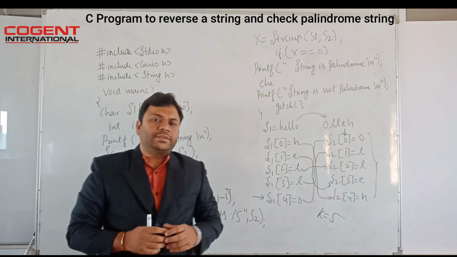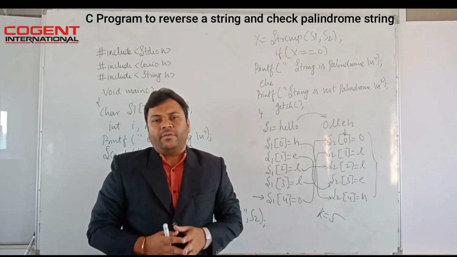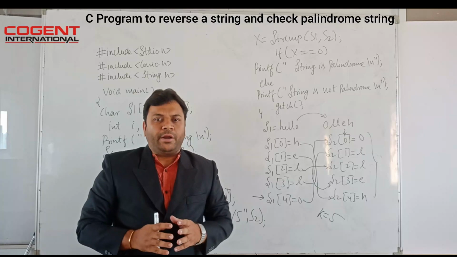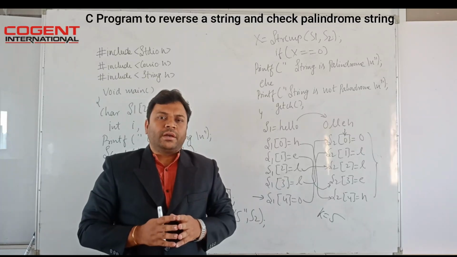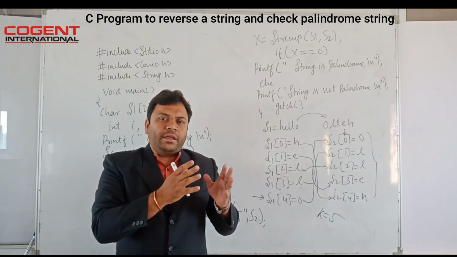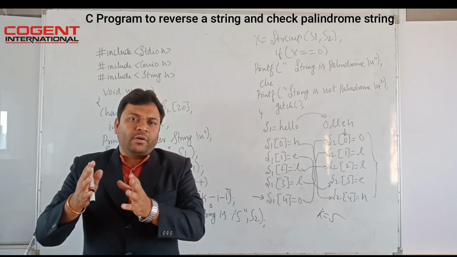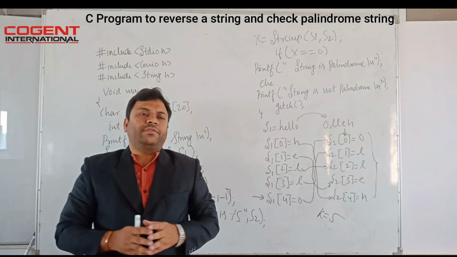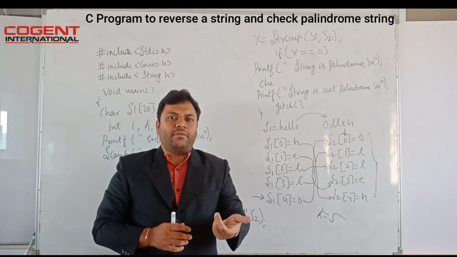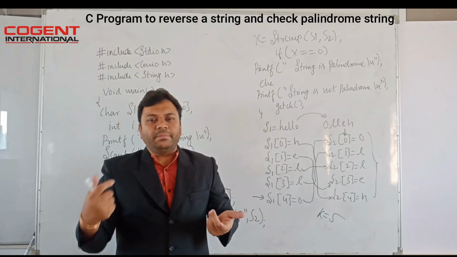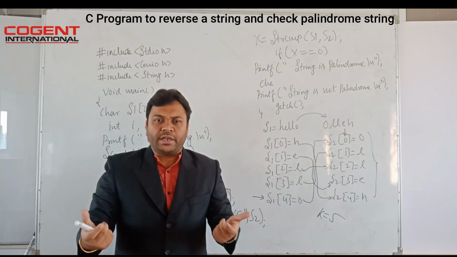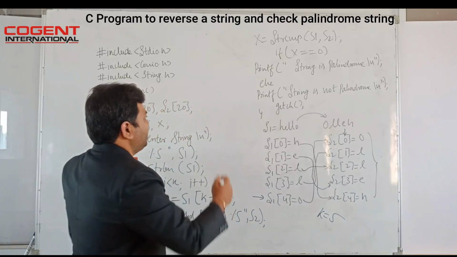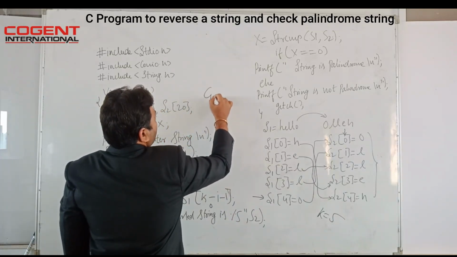Now we will check whether that string is a palindrome or not. So what is meant by palindrome here? Suppose I am getting the reverse string as the original string here. If both are same, so after performing the reversing of a string, if I get the same string, that type of string is called the palindrome string here. For example, consider this string, that is Gadag.